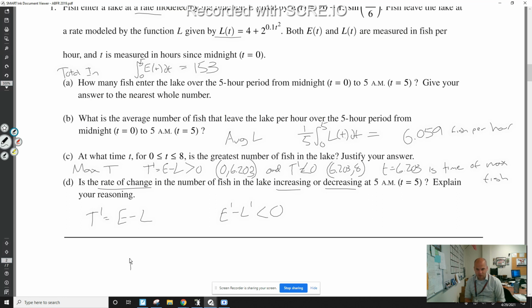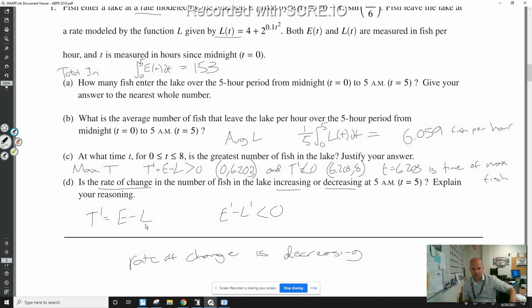That means the rate of change is decreasing. Okay, the rate of change is E minus L. Is that increasing or decreasing? You can see it's going down. It's decreasing. Okay, now you could say the slope of E minus L is negative.